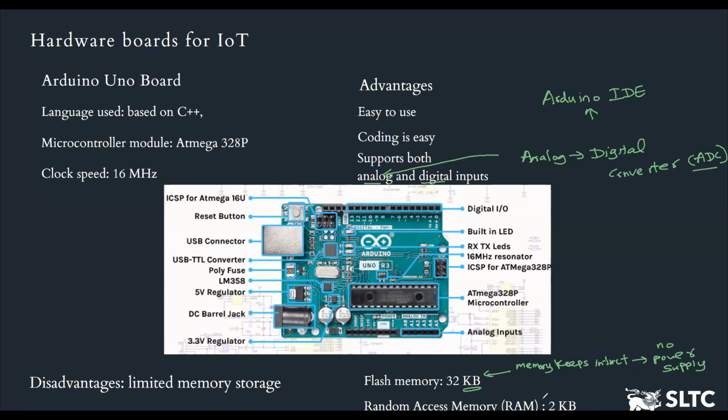When we talk about the random access memory or the RAM, even for that it is about 2 kilobytes, and that is also not a very high amount, and therefore we might not be able to work with large amounts of data in Arduino Uno boards or Arduino boards in general. So if we need to work with large amounts of data, for such applications we have to use other kinds of boards.